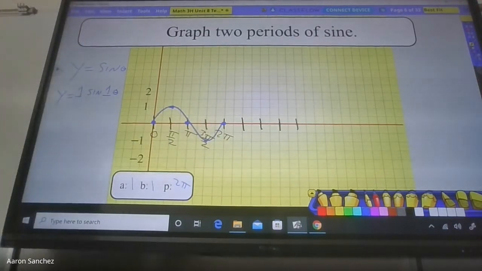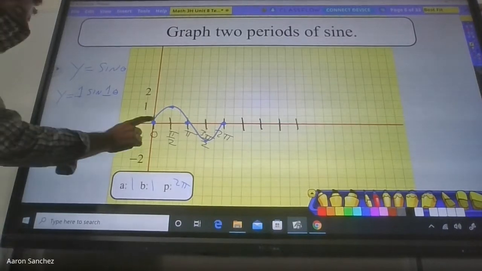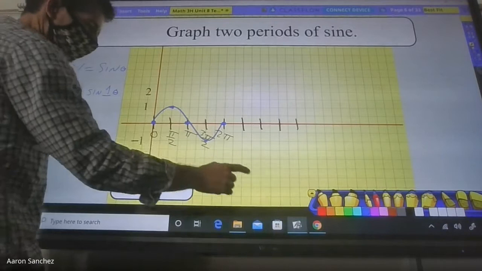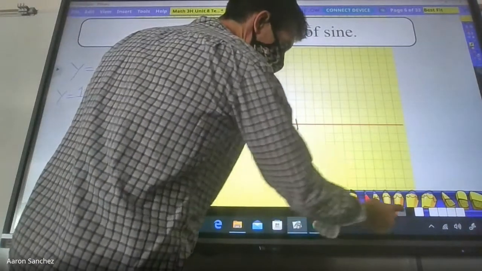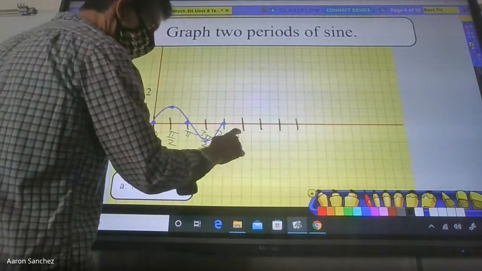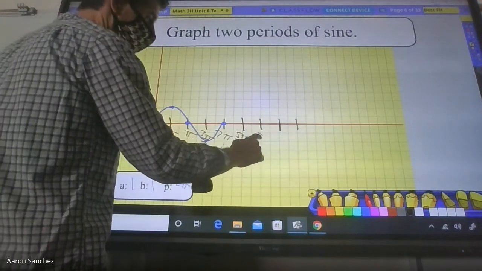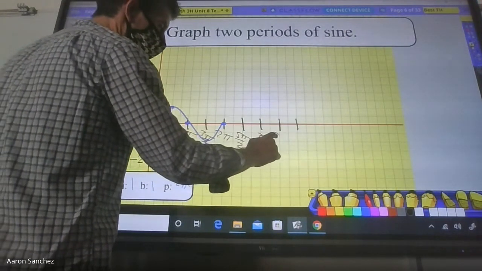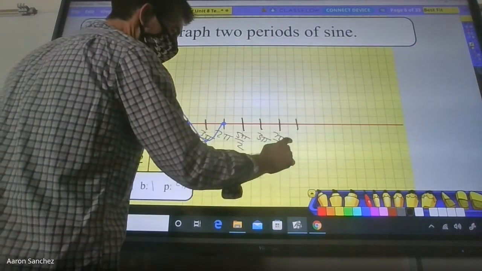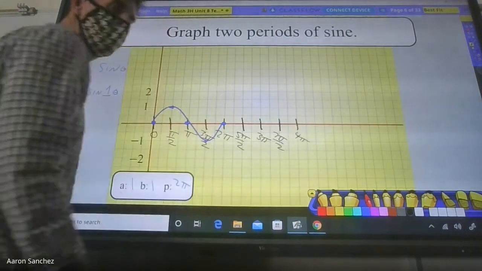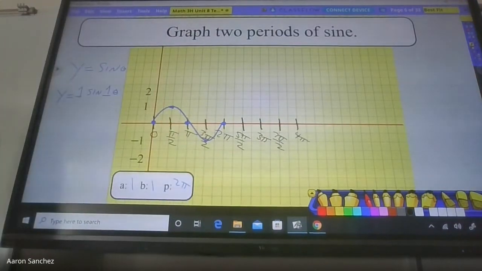Then the second period: pi over 2, 2 pi over 2, 3 pi over 2, 4 pi over 2. What's the next one? 5 pi over 2, 6 pi over 2, 3 pi, 7 pi over 2, and then 8 pi over 2 is 4 pi. You guys get that scaling there.